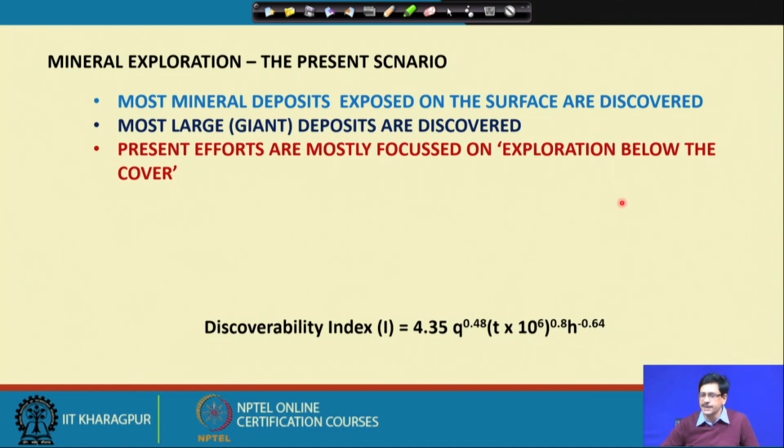In most cases the deposits are concealed in different geographical areas. We do have almost 20 to 100 meters of thick soil cover, or sometimes if the soil has evolved for a good amount of geological time, it is converted to what we call regolith, which is the paleosoil, and it is quite challenging to explore for such deposits which are below the cover.